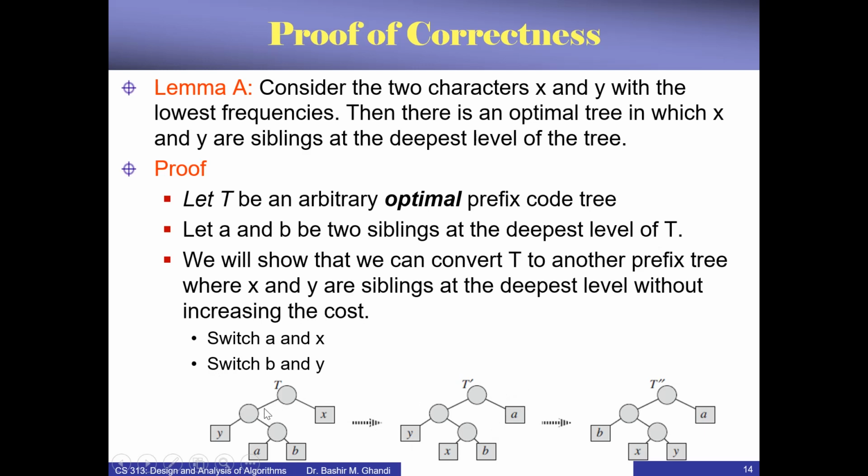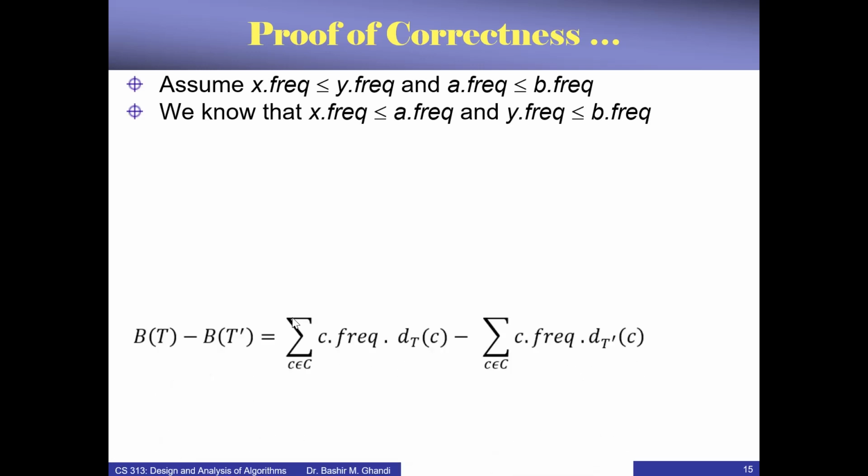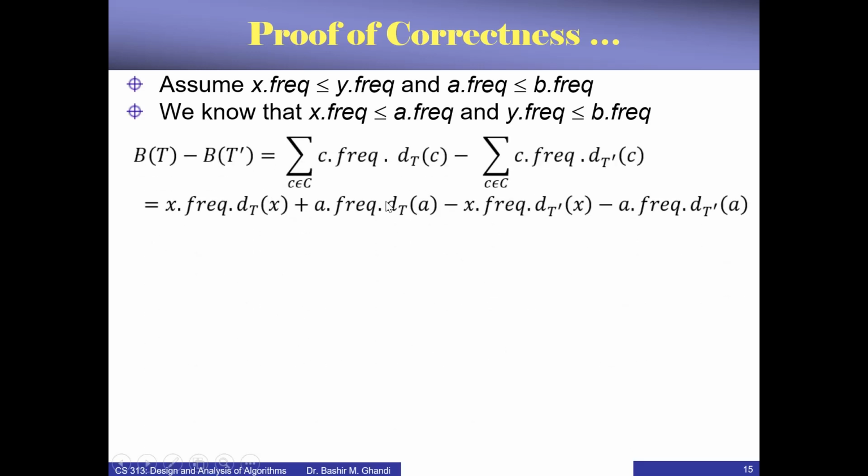All other characters remain in the same position. The only ones changing are the x, which has now moved to here, and the a, which has now moved to here. Okay, so based on that, we can simplify our summation here by simply concentrating on those characters.